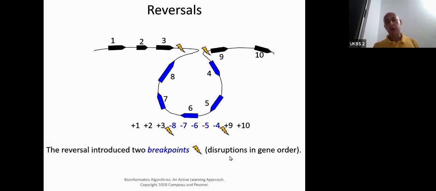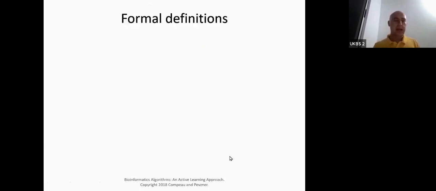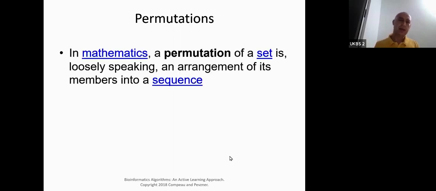Now we got two breakpoints. What is a breakpoint? It is a disruption in the natural order. Now we are going to introduce some formal definitions. What is a permutation?